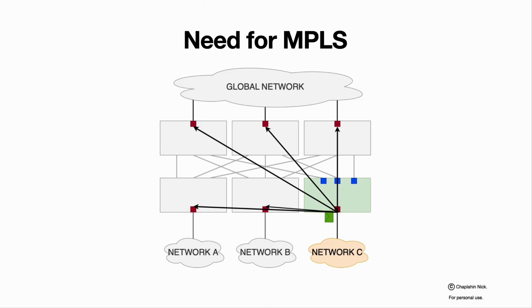No. Here MPLS gets in. The main idea is, what if for a frame we add a label that will point to which physical interface it should egress our segment? Then we need to perform only one lookup per label on each device, not all these terrible sets of lookups.